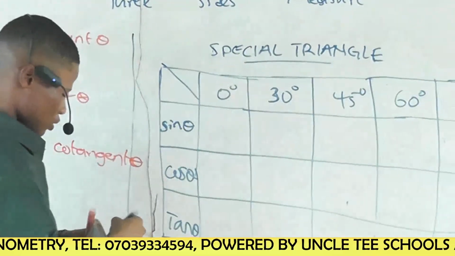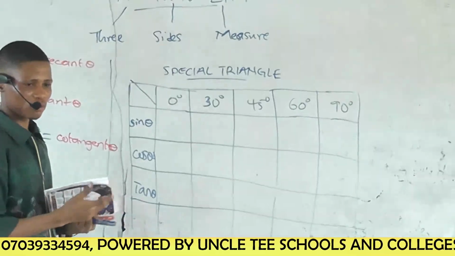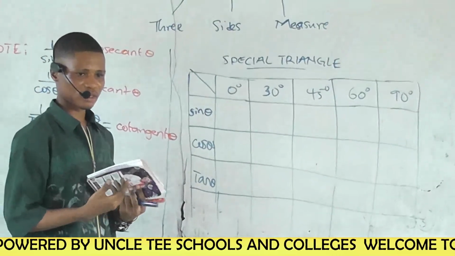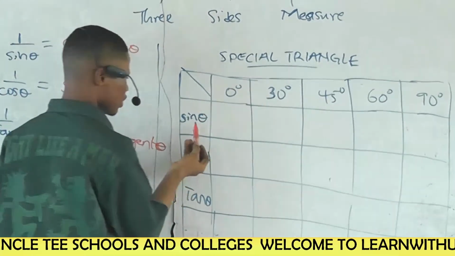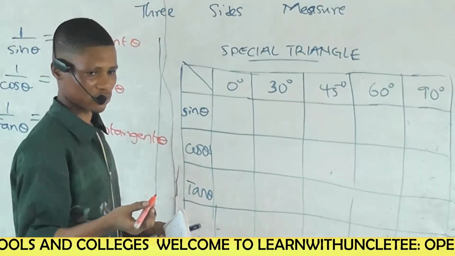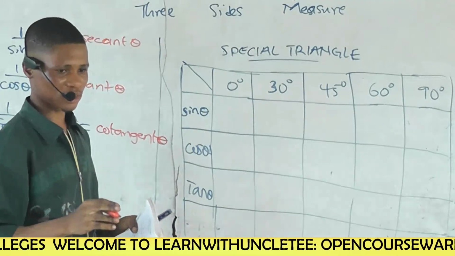Now, from special triangle, we can make a table for easy learning. If you are to take sine 0, it will give you 0. When we get to quadrants, I'm going to explain that.